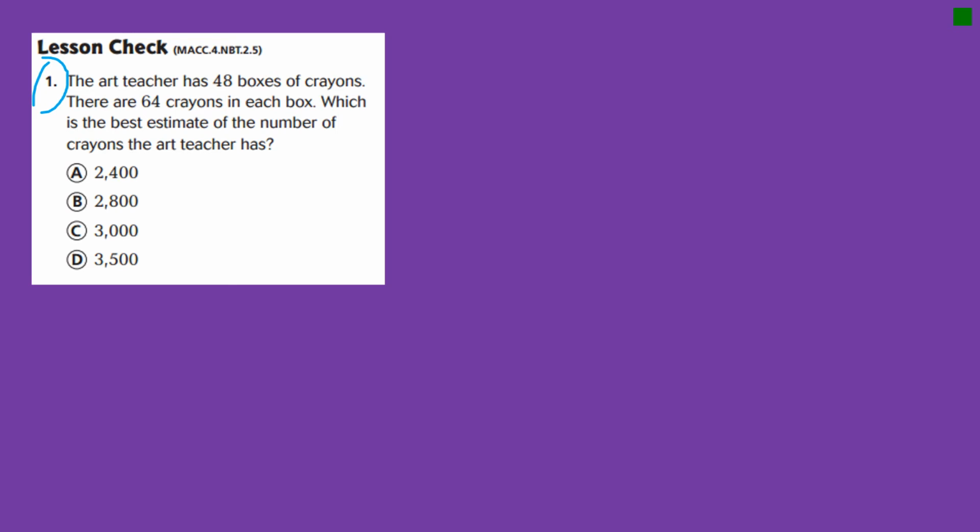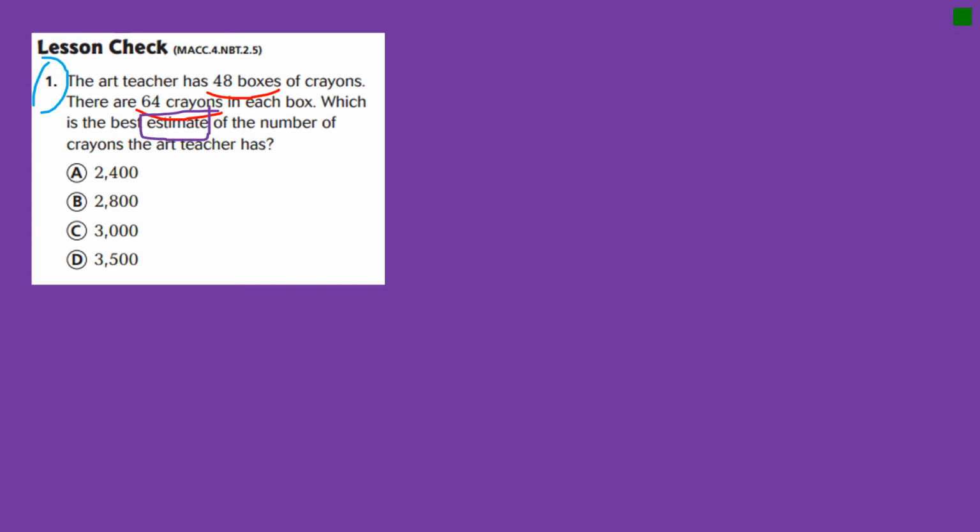The art teacher has 48 boxes of crayons. There are 64 in each box. Which is the best estimate of the number of crayons? I thought we were going to have to do another big multiplication problem, but we just need an estimate.